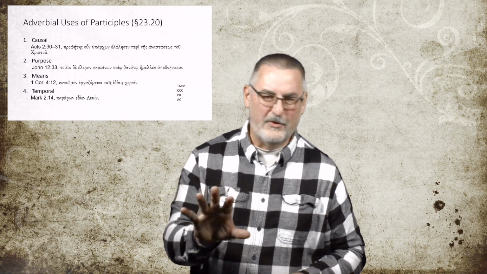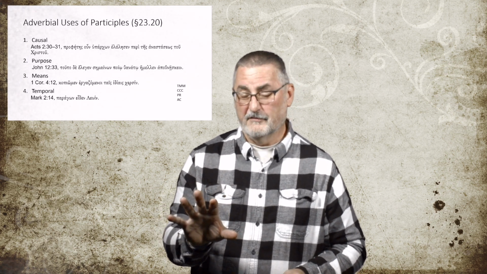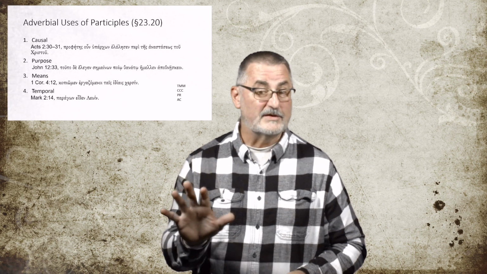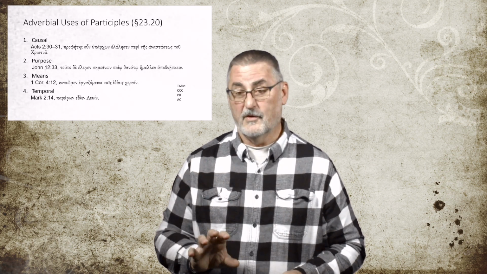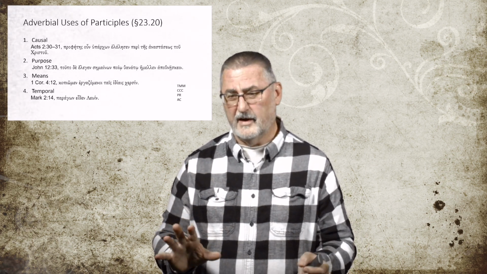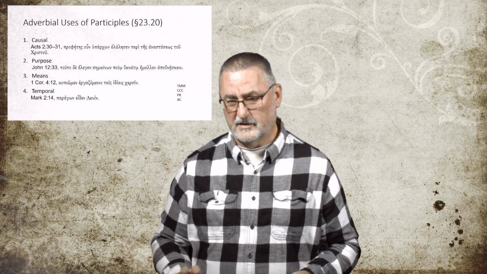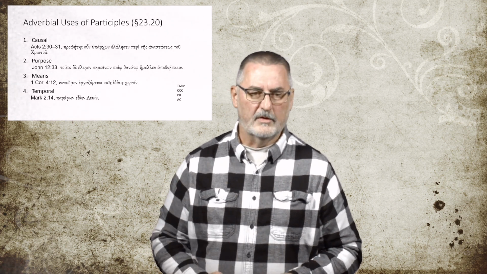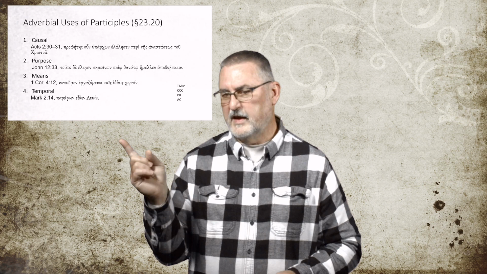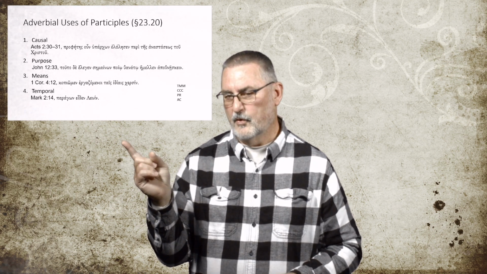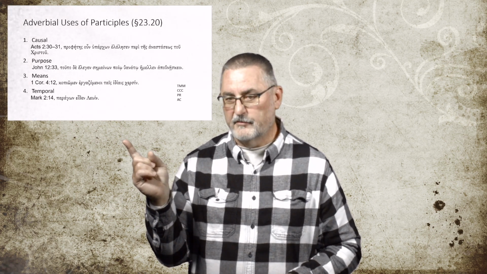Now, these other nuances of the participle are going to be listed in chapter 24. I'm not going to deal with them a lot, but I certainly invite you to pay attention to that. TMM, the T stands for time or temporal. That's covered in this slide.